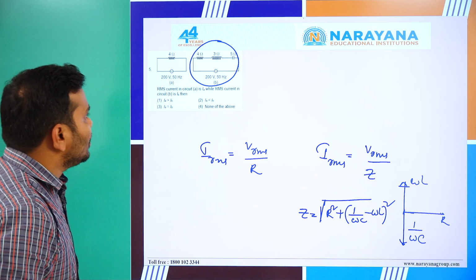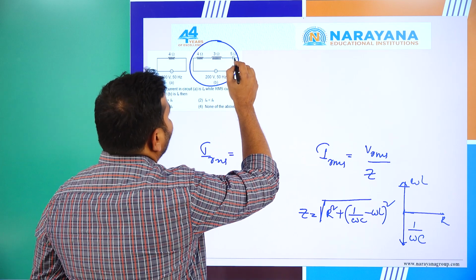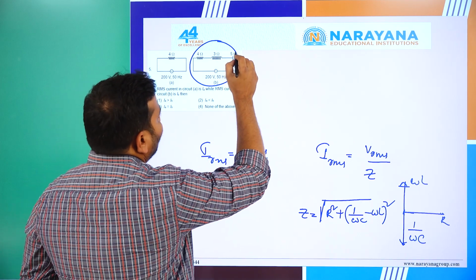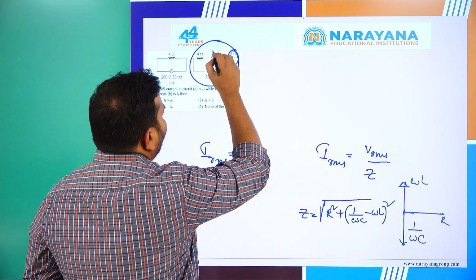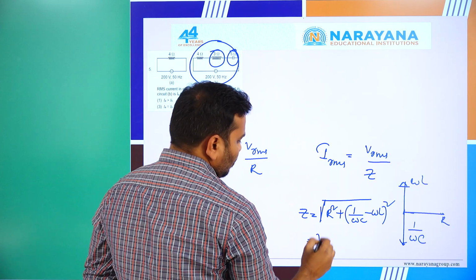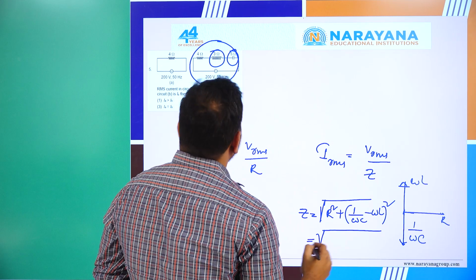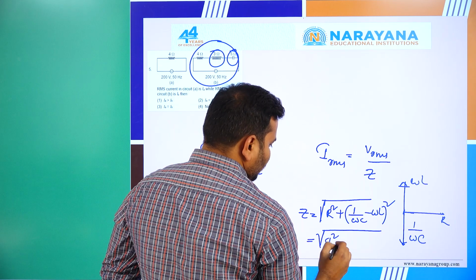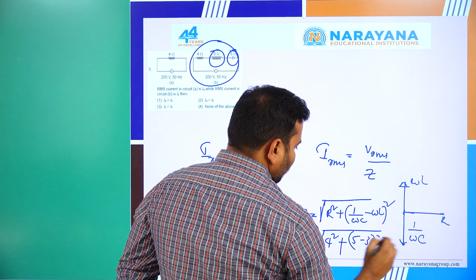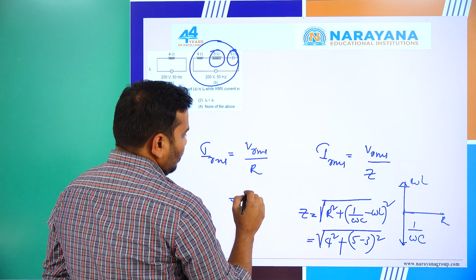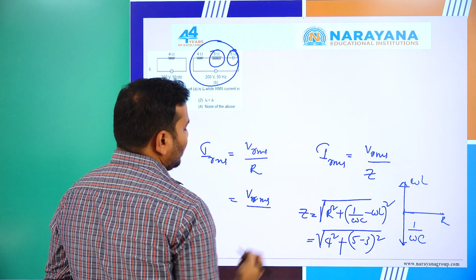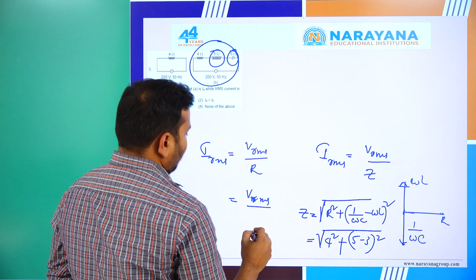As per the question, 1 by omega C is 5 ohm and omega L is 3 ohm. So you will get under root 4 square plus (5 minus 3) whole square, and I_RMS is V_RMS divided by that value. In the first circuit, V_RMS is simply divided by 4.